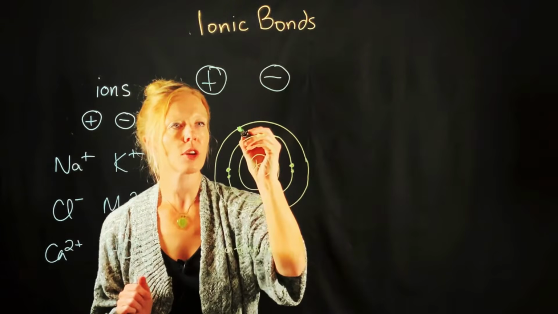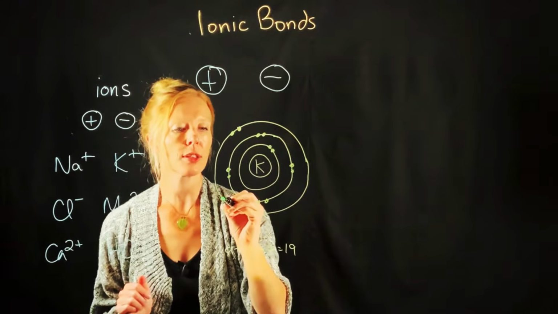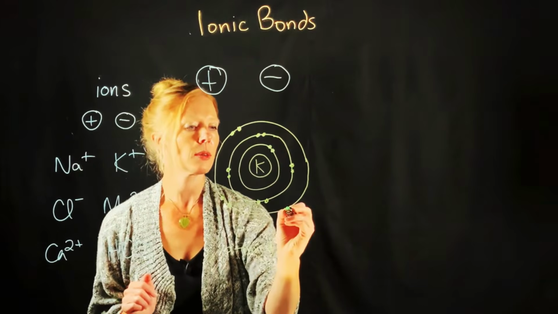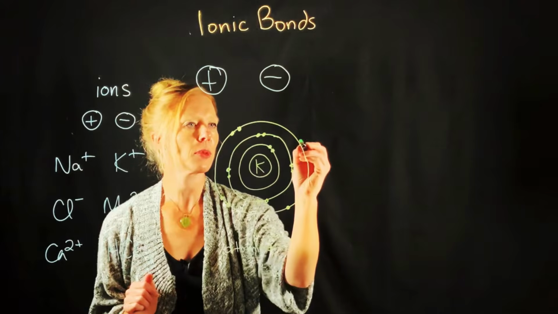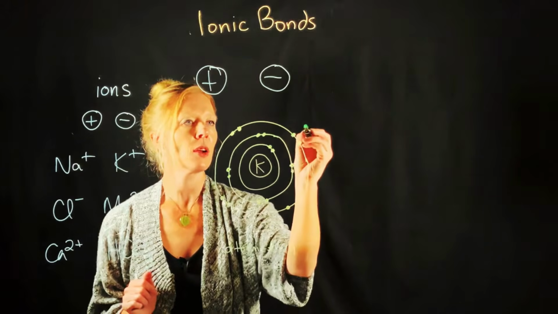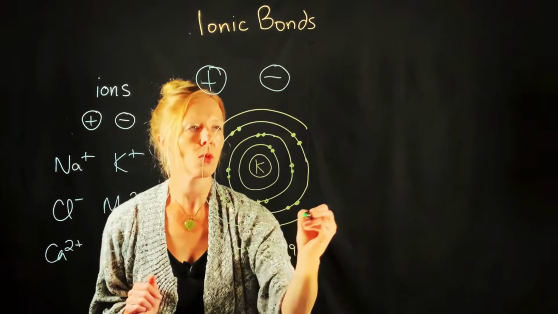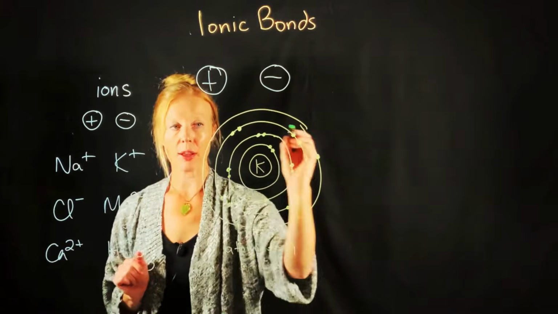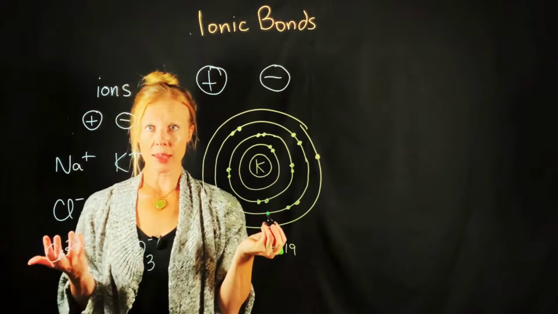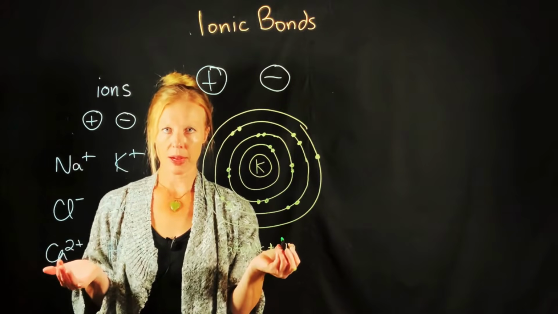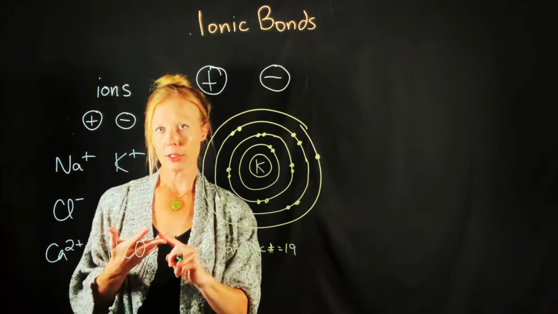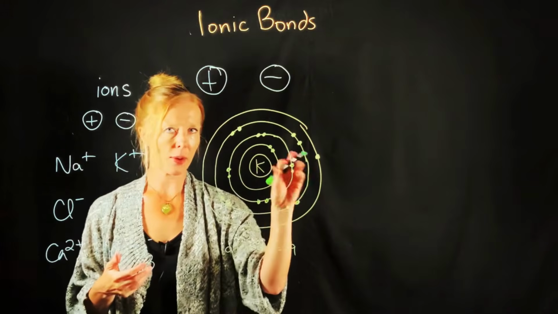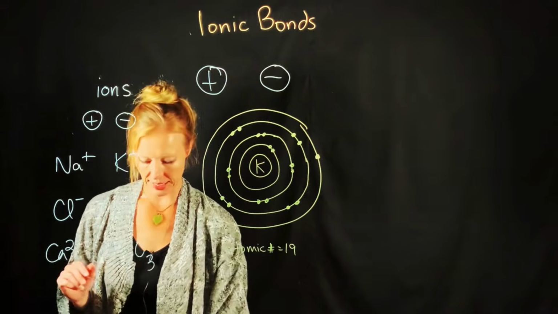And we're going to draw 8 in this shell as well. So 8 plus 8 is 16, plus 2 is 18, which means we need one more shell. So we need this fourth shell. Now, for the important atoms that we care about the most, so carbon, nitrogen, oxygen, and hydrogen, we're not going to have to go out to this fourth shell, but of course atoms can do that.